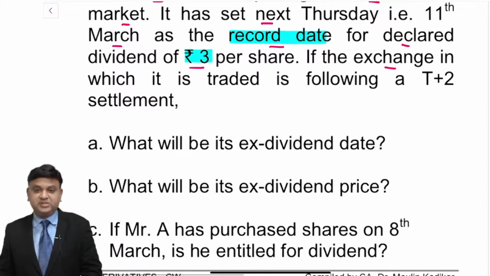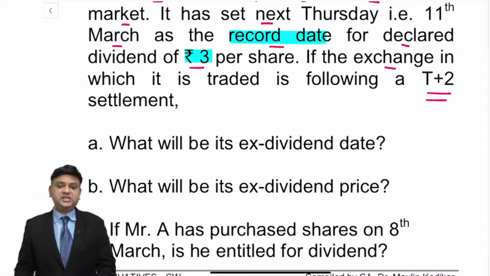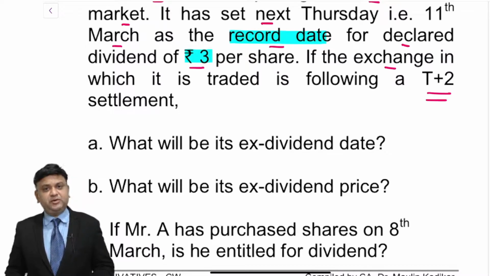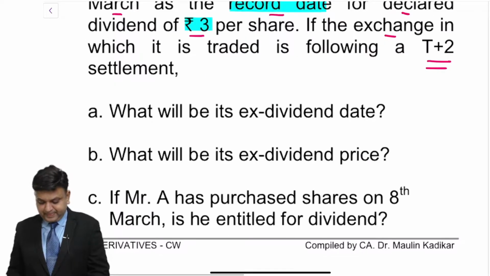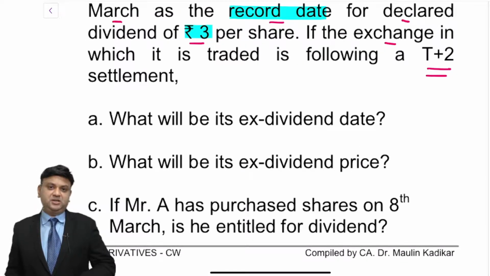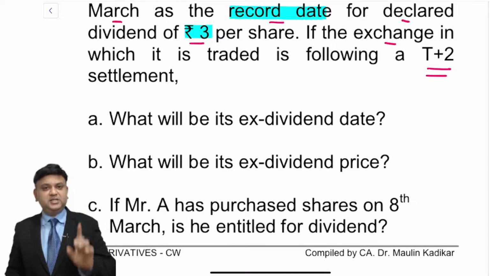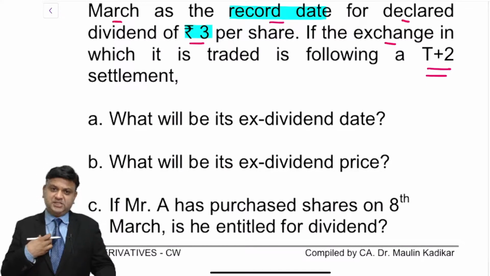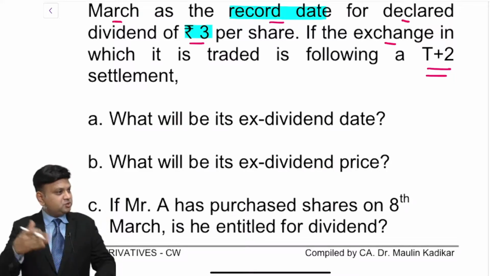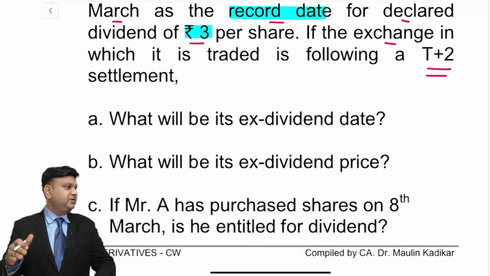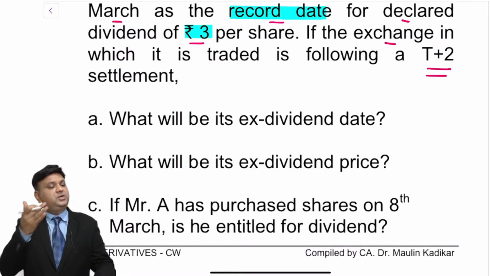If the exchange in which it is traded is following T+2 settlement, T stands for the transaction, +2 stands for +2 days. Means the day on which you are doing the transaction, +2 days is the date on which it will be recorded in the register of the company. If I purchase a share today, then the date of the transaction +2 days is when my name will be enrolled in the shareholders register.